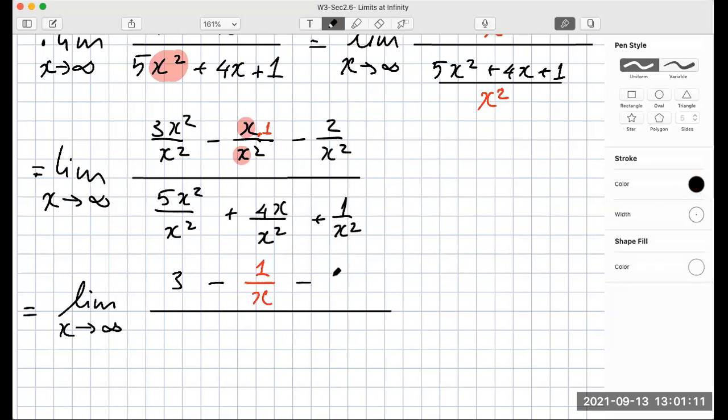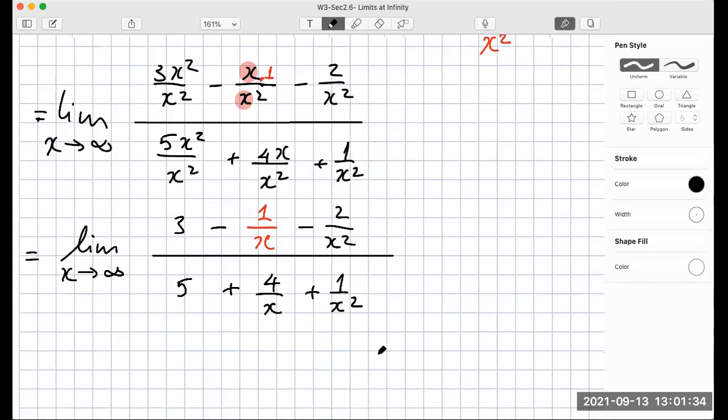Similarly, here we just leave it, 2 over x squared. And the denominator is 5 plus, what is it? Next. Very good. Okay, nice.